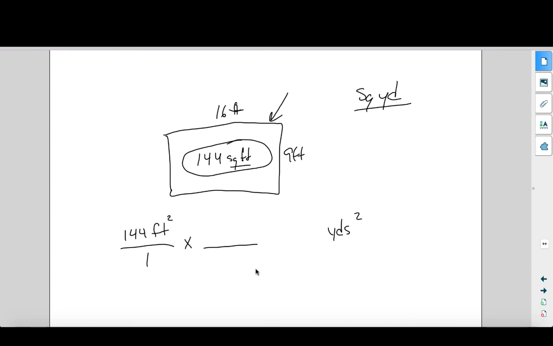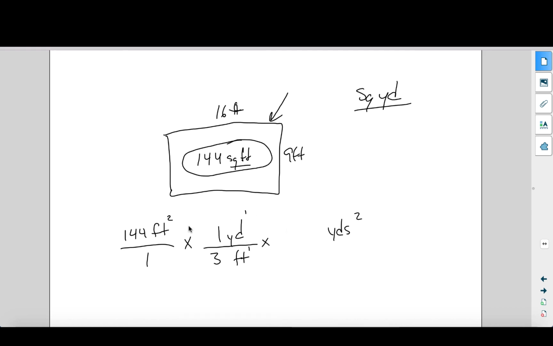How do we do that? Well, how many feet are in 1 yard? We have feet down here because we need to cross these off, so we have 3 feet and 1 yard. But notice this, each of these only carries an exponent of 1.